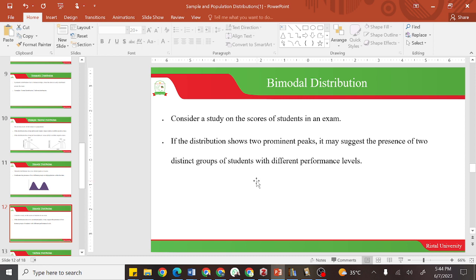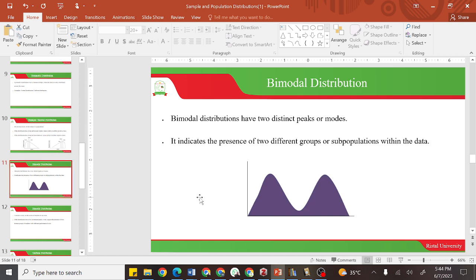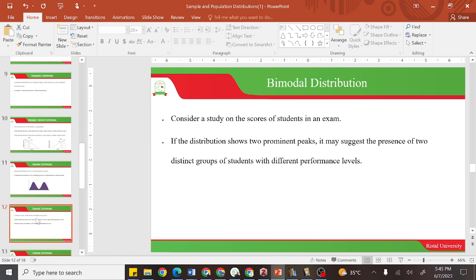So for example, you can have students forming what we call a bimodal distribution. You have those that are scoring highly, and then those that are scoring lower marks. Okay, so you have kinds of peaks in terms of their performance. Two peaks.